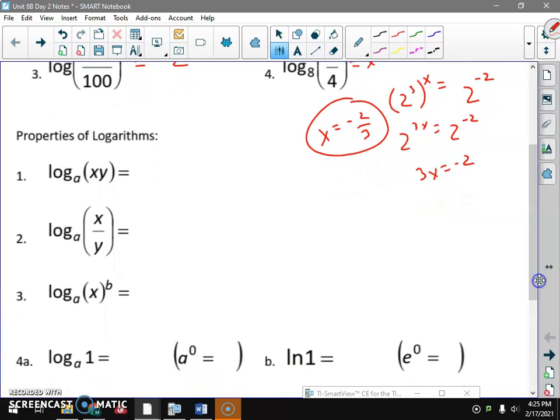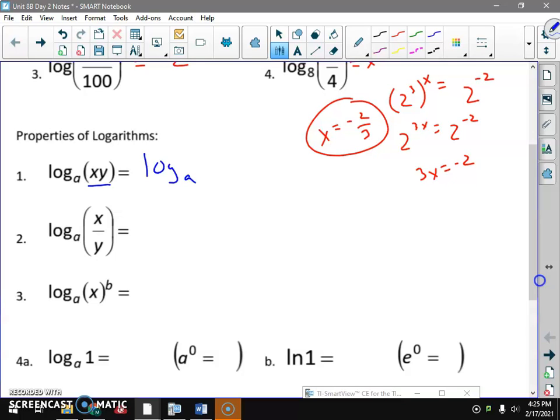So before we go on and do some equation solving, we need some more tools in our toolbox, in particular some properties. These are ones that you should have gotten in A2, but if you didn't, no worries. The first one I call the product rule, and that says the log of any product, meaning things that are multiplied inside the argument, can be broken apart.